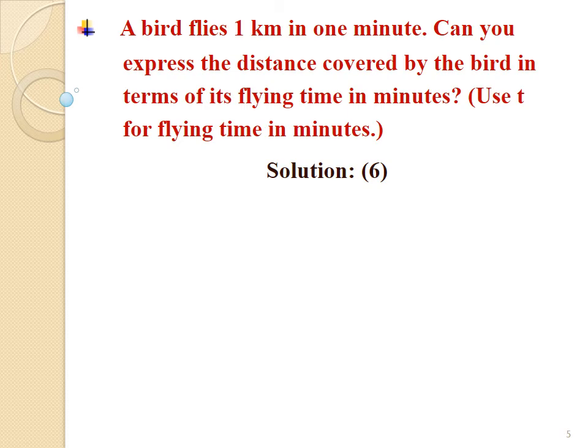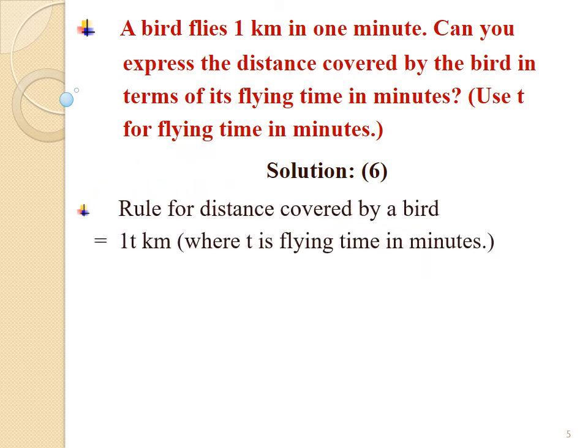Thus, the rule for distance covered by a bird is equal to 1t, where t represents flying time and t is variable.